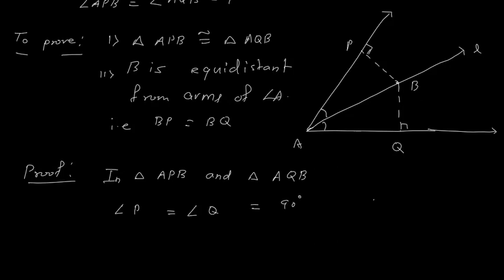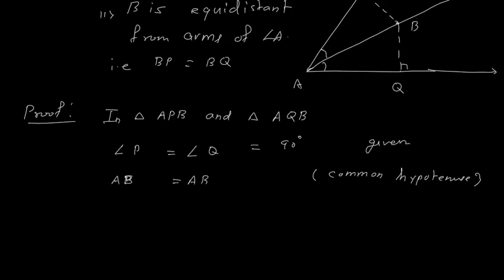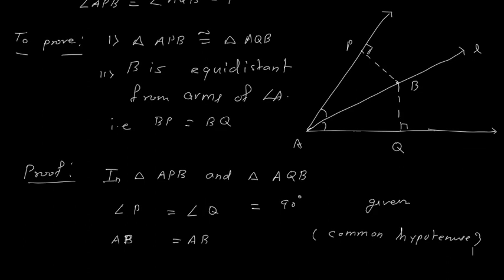Second, AB is equal to AB. Here we say that it is common. Now this is a right angle, so we can say common hypotenuse. And third, this 90 degree is given.